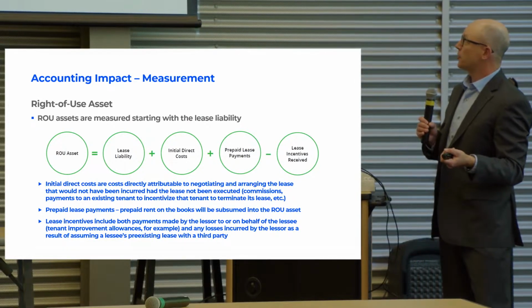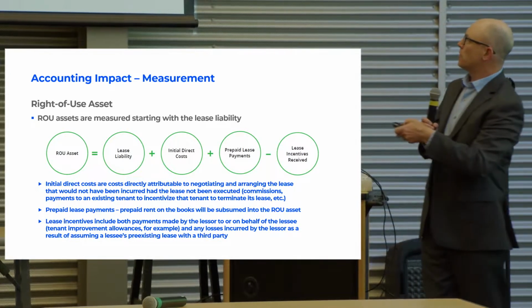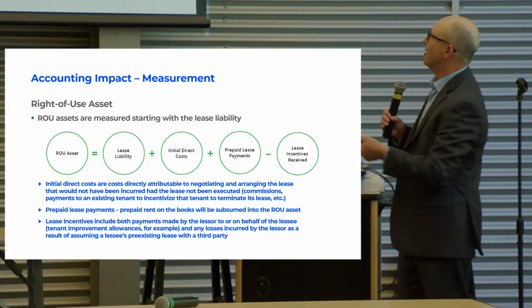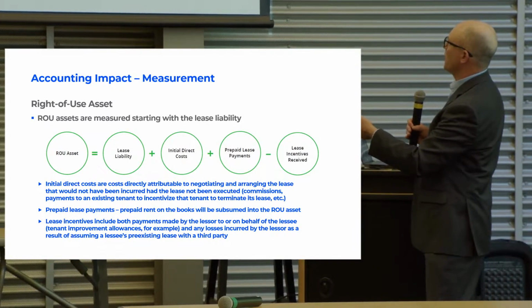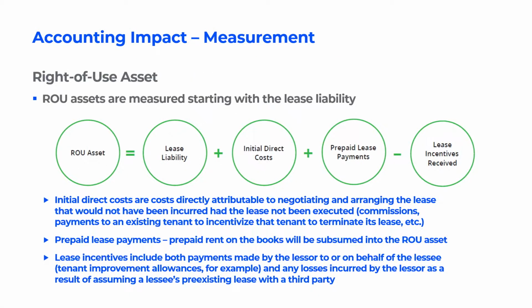So initial direct costs, prepaid lease payments, minus any lease incentives. These three circles here aren't going to be present in every lease. So in a lot of cases, your lease liability is going to equal exactly your right of use asset.